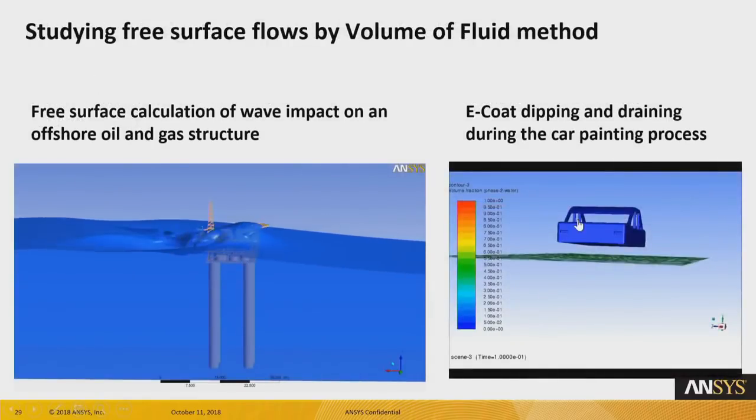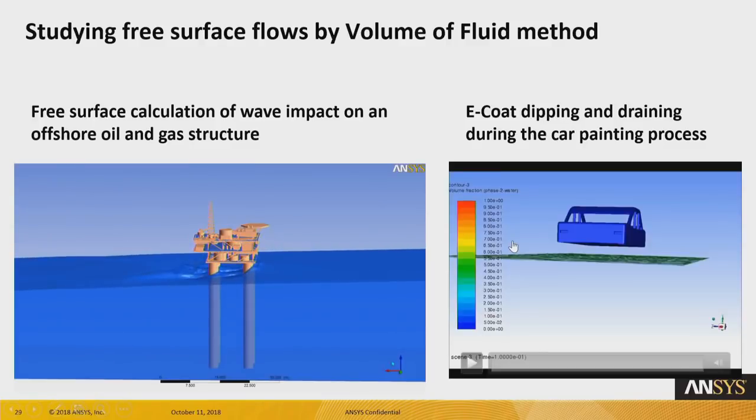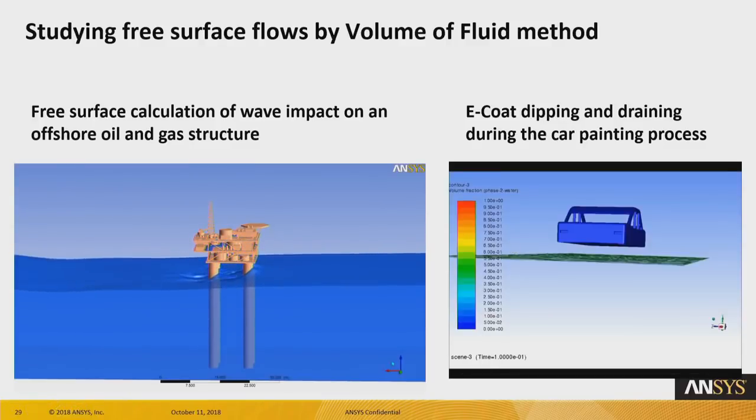Then again, a large and a small problem, but a slightly different physics. Here on the left, we have the simulation of the interface between the ocean, water, and air. This type of simulation is solved in Fluent by using the volume of fluid method.